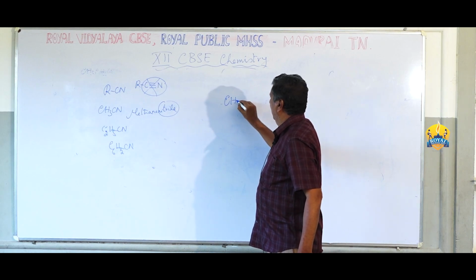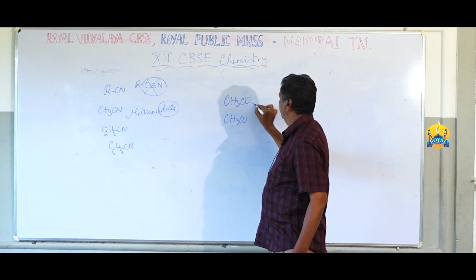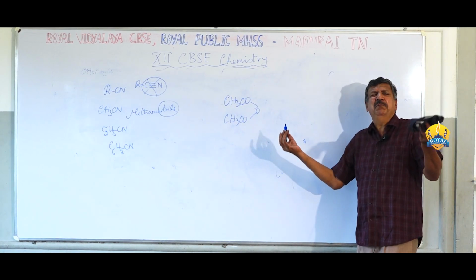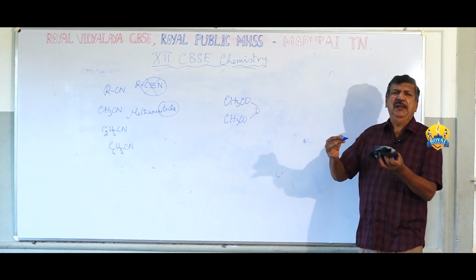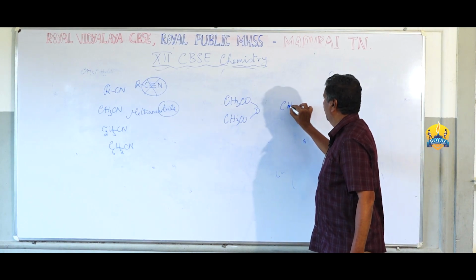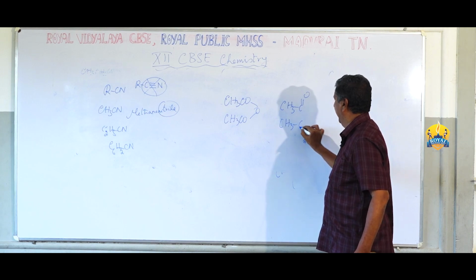I used to write acetic anhydride like this. You see, acetic anhydride like this. Very simple. When you learn the first time, second time or third time. But in your book, it is given like this. You see, the formula is given like this.